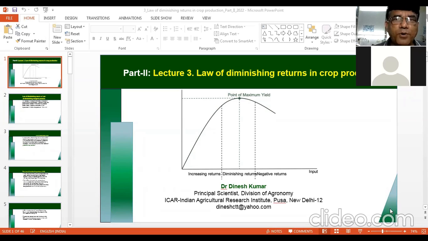We have seen what a production function is, its meaning, and we have seen short run, long run, and we could also see the different kinds of costs. There are mainly two kinds of costs: cost associated with fixed factors are fixed costs, and cost associated with variable factors are variable costs.